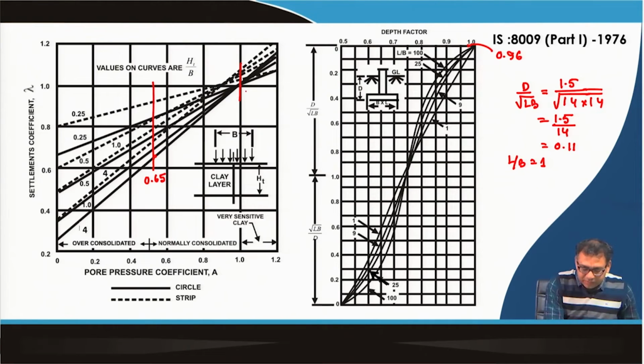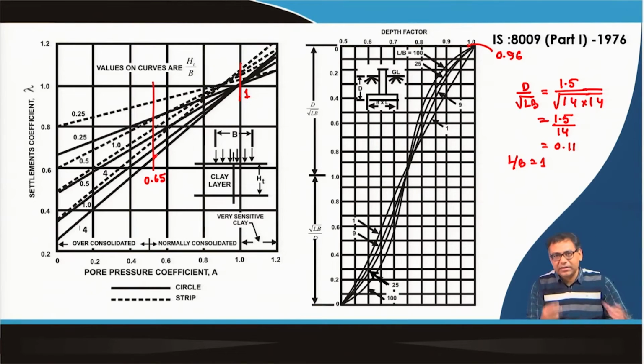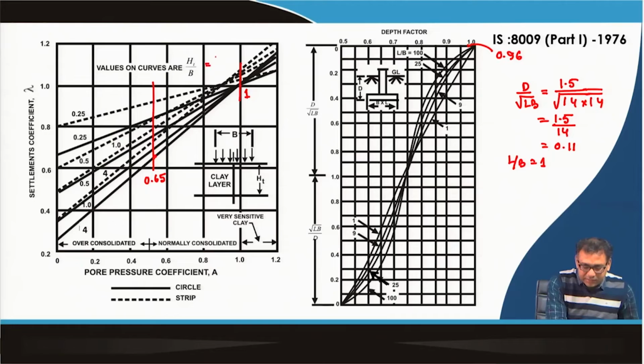Okay, this is 1, and definitely it will be this line, because your H is the thickness of the layer below the foundation base, and with B, and thickness of the layer is here, it is twice B. So, this means we are taking the thickness of the layer say twice B, and this is B. So, this is 2.